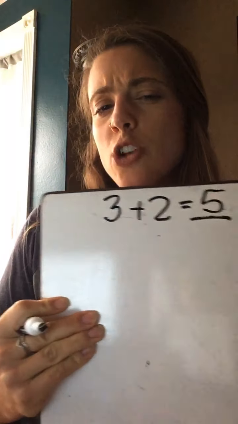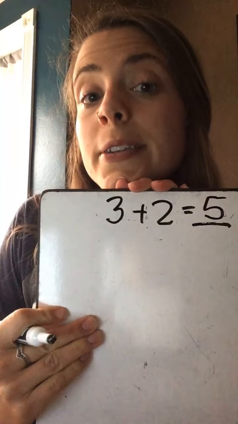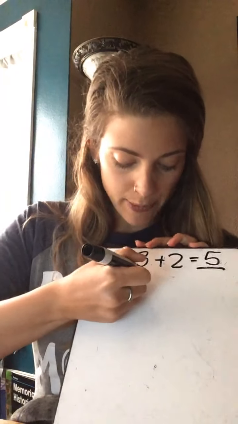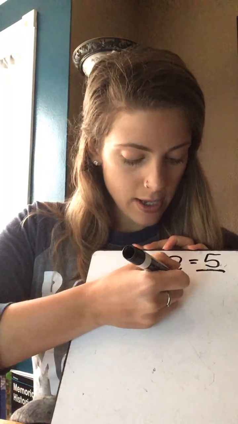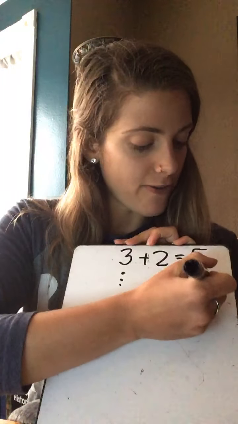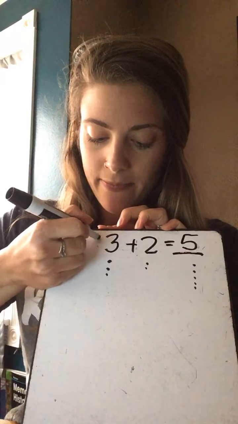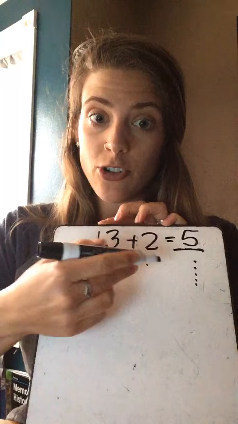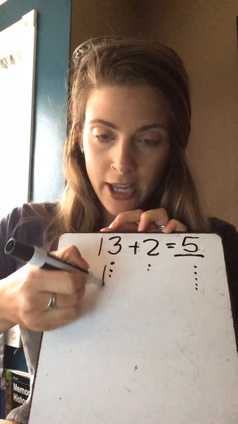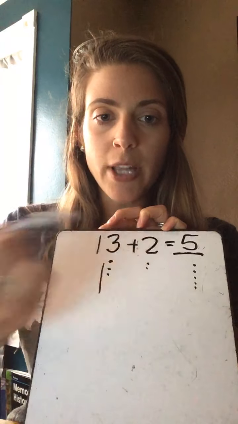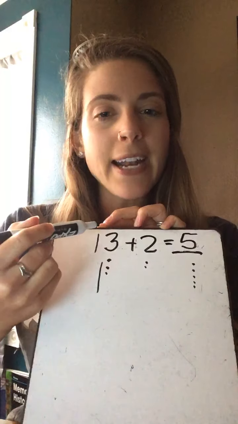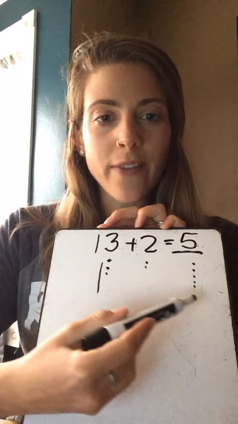Now I'm going to change our problem just a little bit. And actually I'm going to use my quick tens just to help me keep track. So I have 3 and 2 gives us 5. Now I'm going to add a 10. 13 plus 2. Well, now I have a 10. 13 plus 2 more. So if I added a 10 over here, what do I have to do to my answer?